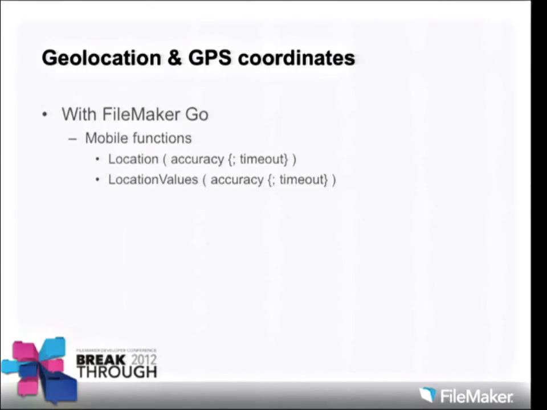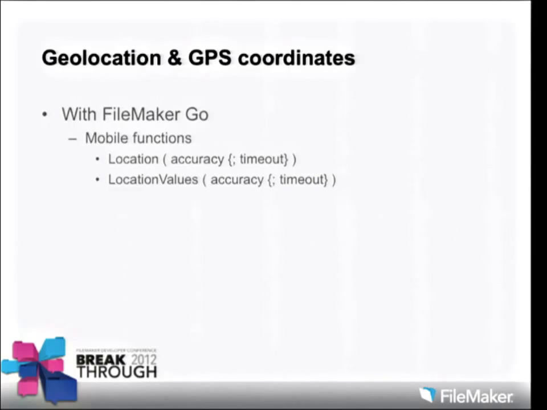However, in FileMaker 12, we introduced a new function that only works in FileMaker Go, which is a mobile function. And that is the other way of representing an address. An address can be a physical address, but can also be GPS coordinates or geographical coordinates, like latitude and longitude. And we now have, with FileMaker Go 12, the ability to get that information directly from the device.